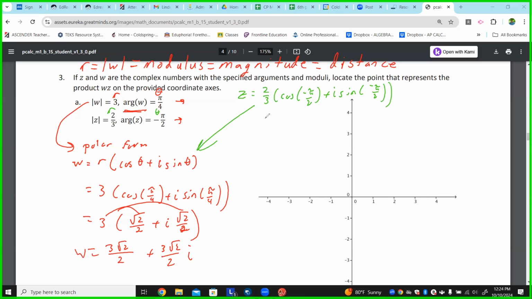Since my radian is negative, what direction on my unit circle will I go? Clockwise. We've been going counterclockwise with positives. Negatives indicate clockwise. So if I went negative pi halves, what would that be? 270. So there are the coordinates I am looking for. There is my cosine and there is my sine.